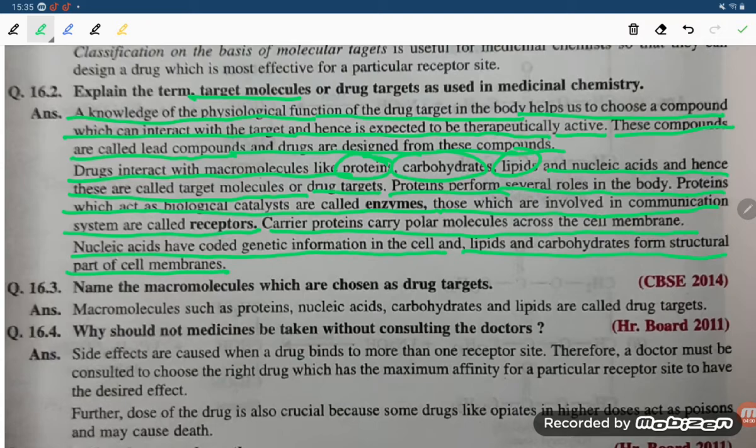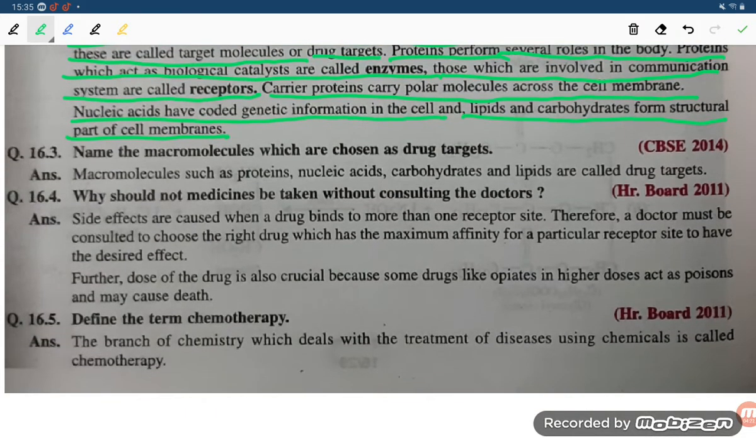So the target molecules or biomolecules, whether carbohydrates, proteins or lipids, are present in the cell membrane. They have active sites, also called binding sites, where the drug binds and transfers its information to the cell.